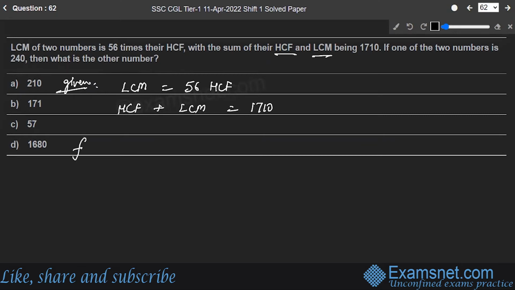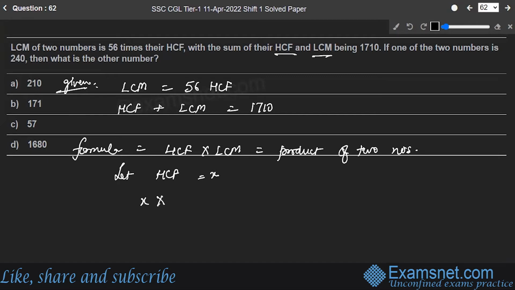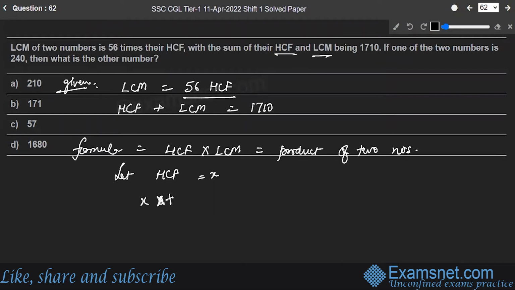And we'll be using the formula: the product of HCF and LCM is equal to the product of the two numbers, right? Okay, so now let the HCF be X. If HCF is equal to X, then according to the question, LCM is 56 times X. So HCF plus LCM is equal to 1710, correct?